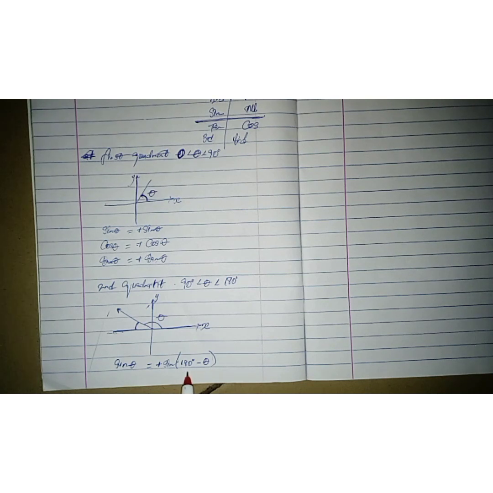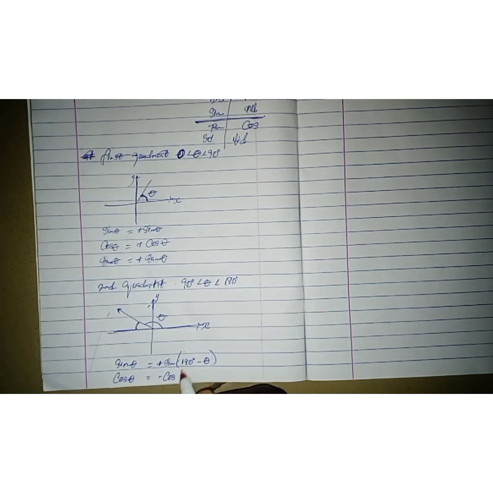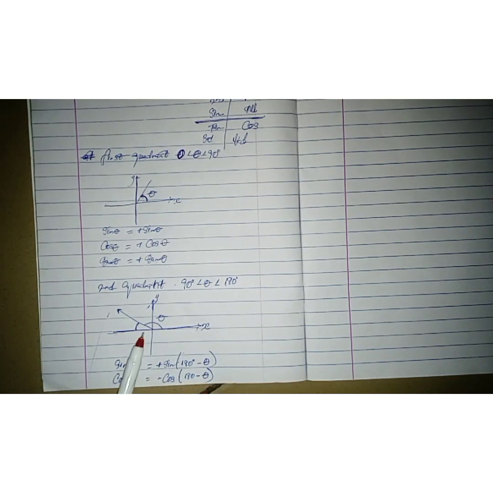Cosine, you see cos theta equals negative cos of 180 minus theta. That simply means that what this angle gives to you when you say cos theta, the angle here gives you the negative of it. That is 180 minus theta.